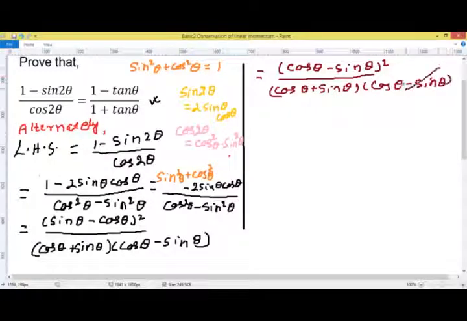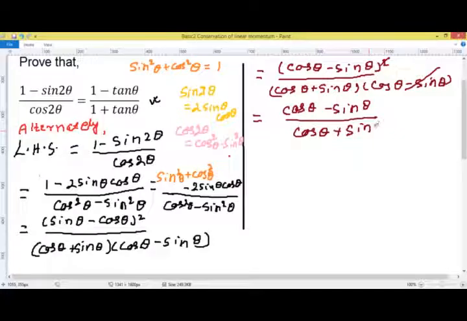You can cancel this term and the square because they are the same terms. So in the numerator we have cos theta minus sine theta divided by cos theta plus sine theta, and this is our LHS.